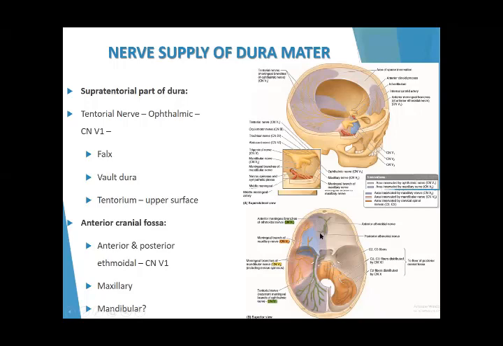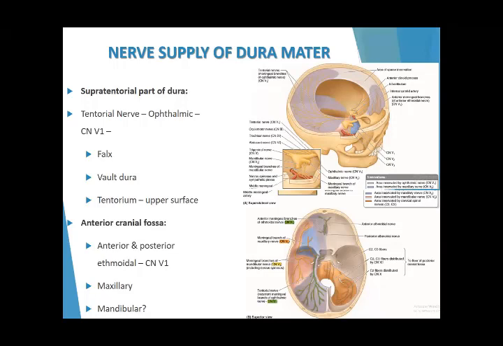Anterior cranial fossa, इनको you have anterior and posterior ethmoidal, ये ग्रीन में जो आपको नज़र आ रहा है, this part, ये जो anterior and posterior ethmoidal nerves हैं ना, they are branches of ophthalmic. Ophthalmic nerve की branches हैं anterior and posterior ethmoidal. ठीक है, ophthalmic is the first branch of trigeminal.